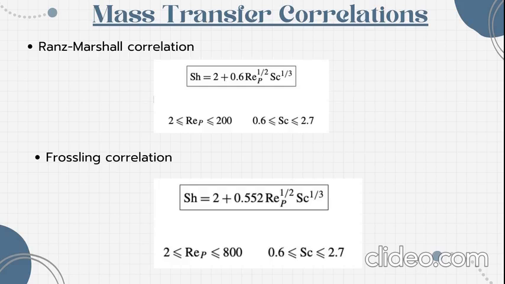There is one more correlation known as the Frossling correlation, which says that the Sherwood number is equal to 2 plus 0.552 into root of Reynolds number into cube root of Schmidt number. For this correlation, the range of Reynolds number and Schmidt number are as follows.